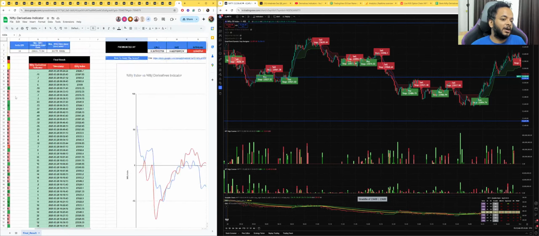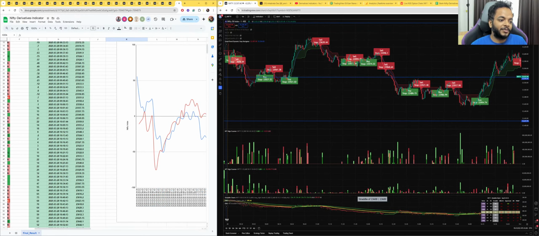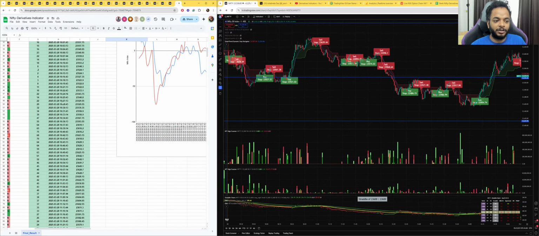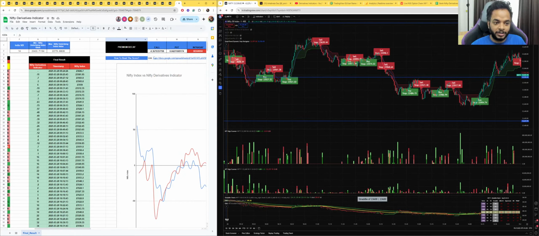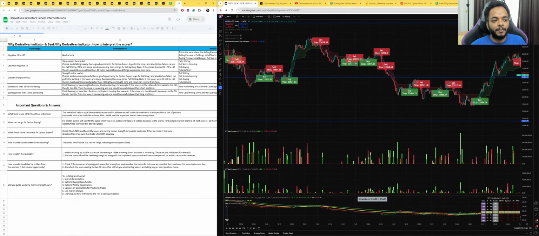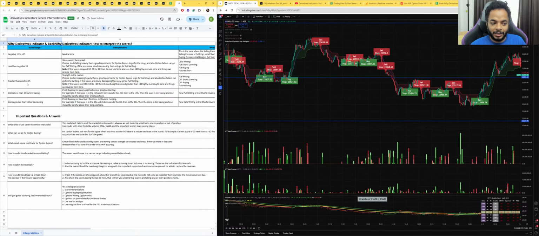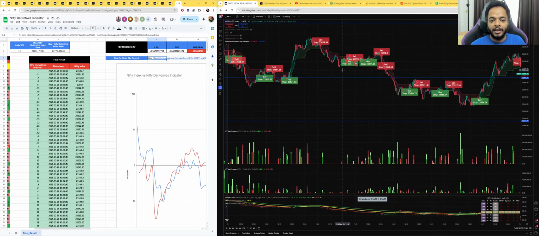The beauty of it is, you can see in the morning scores were negative and the market fell, but right before the pump, the score recovered very fast, and before 10:26 to 10:28 it was showing strength according to our rules. You can go and check out the rules: greater than positive 15 is strength in the market, it's clearly written. So it was showing strength, and we also got to know put writers were active, with 200 cr of put writing.